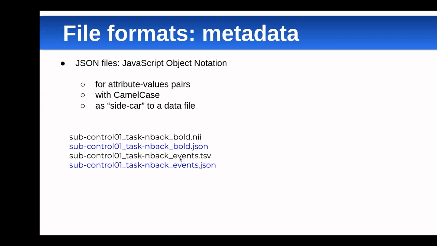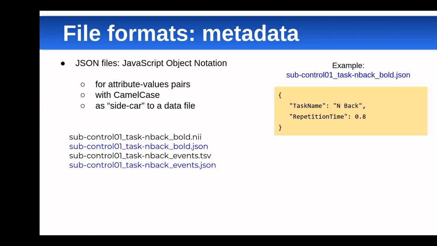Here that would be for some BOLD imaging data, or for the events file that goes with it, you have a JSON file next to it that contains extra information for the data file. And when you open it, this is what it would look like.